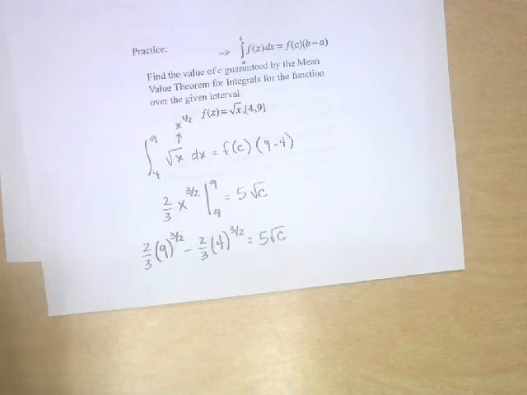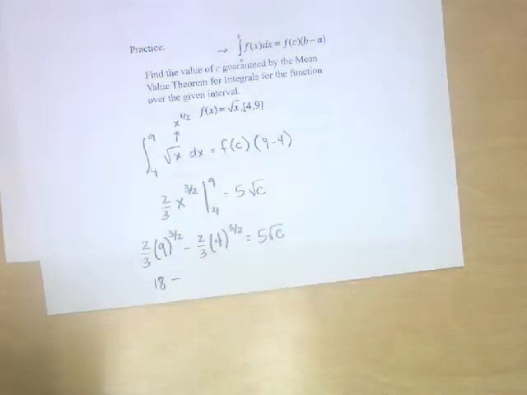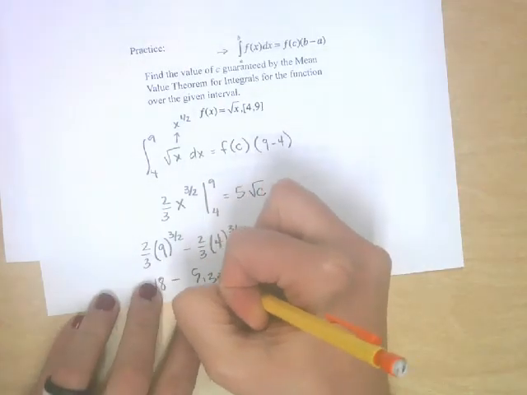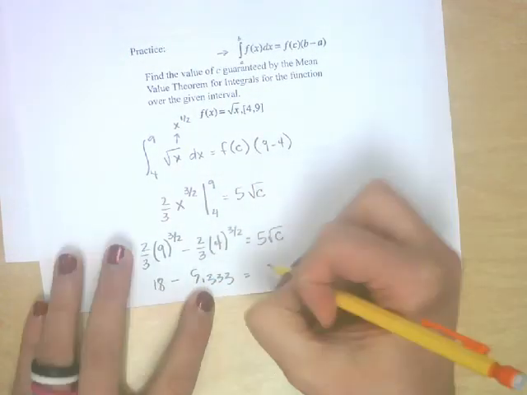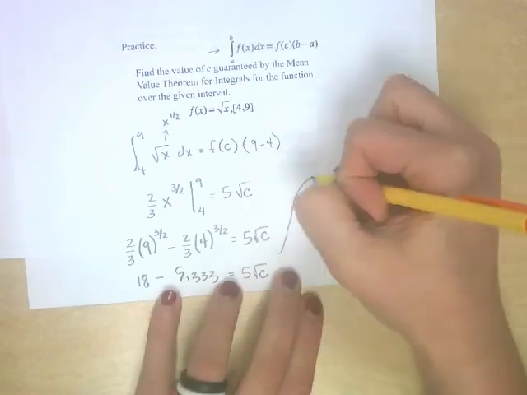2/3 9 to the 3/2 power is going to be 18 minus 2/3 4 to the 3/2 power, which is 5.3 repeating, and that's equal to 5 square root of c.